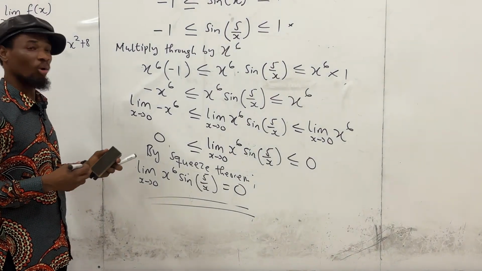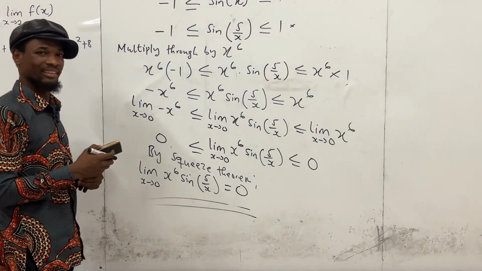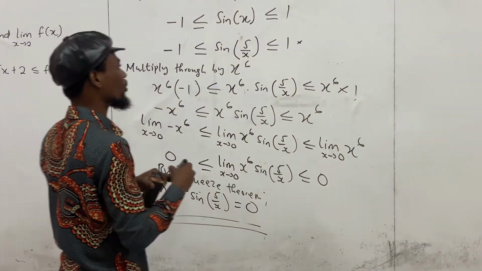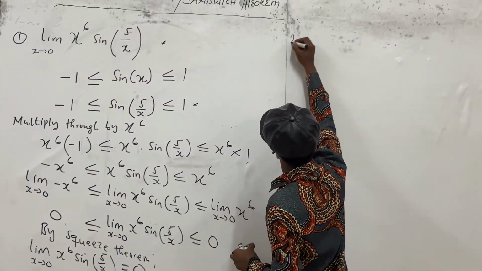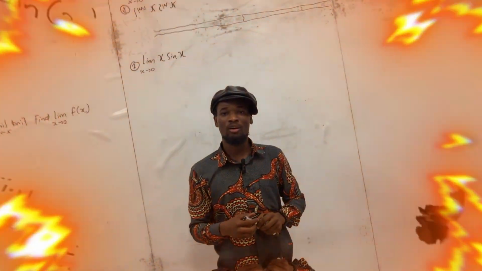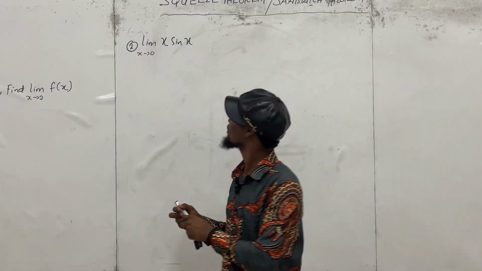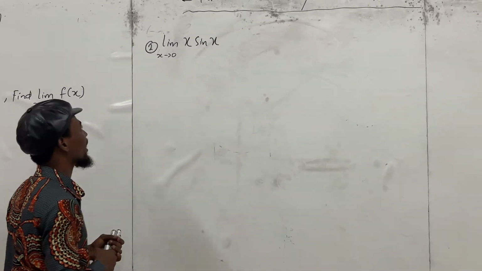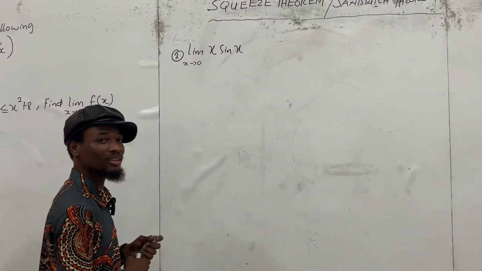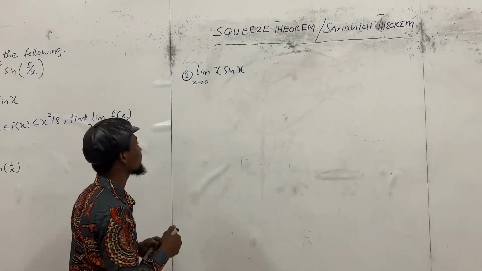Using the same concept, let's solve the second question. The second question reads: evaluate lim as x approaches 0 of x sine x.